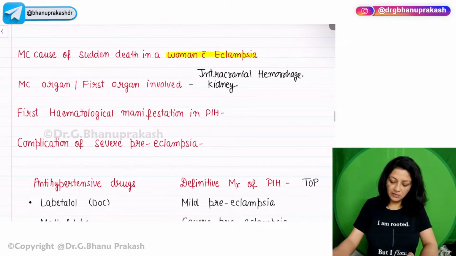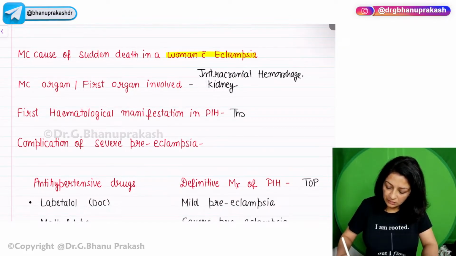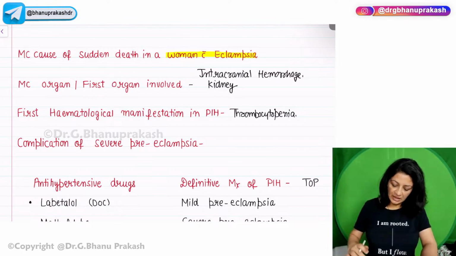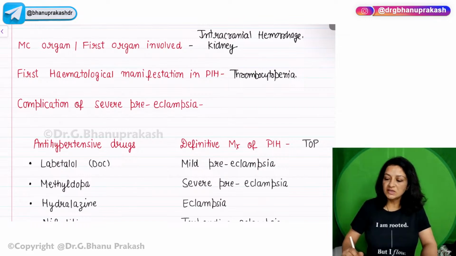And the first hematological manifestation in pregnancy induced hypertension is thrombocytopenia. Thrombocytopenia. And the complication of severe preeclampsia. So what is the complication of severe preeclampsia?